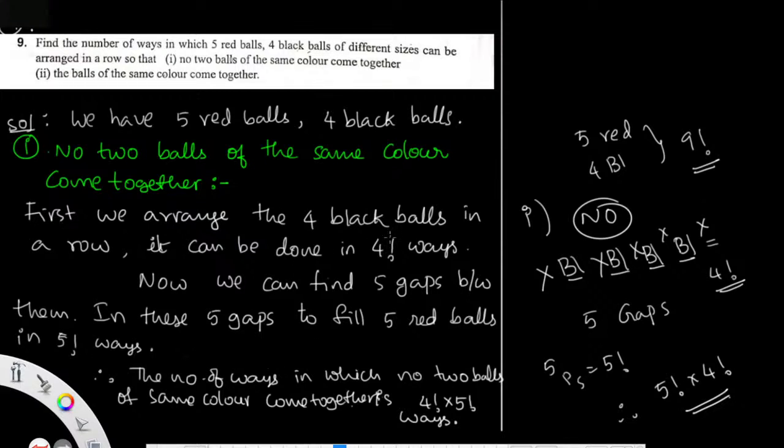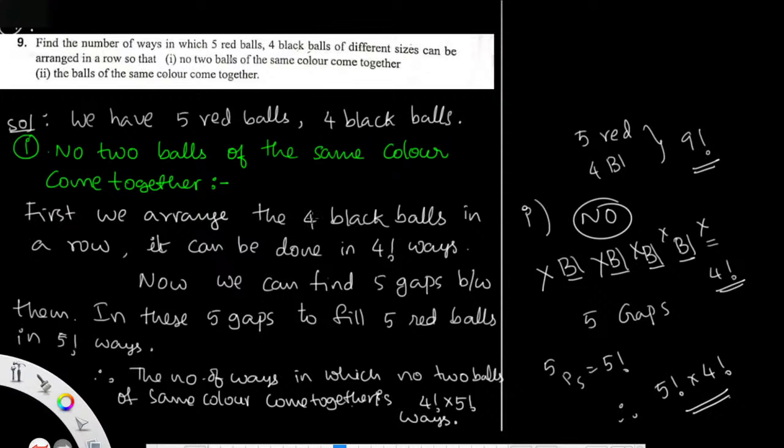So first we arrange the 4 black balls in a row. In how many ways can it be done? 4 black balls can be arranged in 4 factorial ways. Now gap method means we can find the in-between gaps. In these 5 gaps, we have to arrange the red balls.